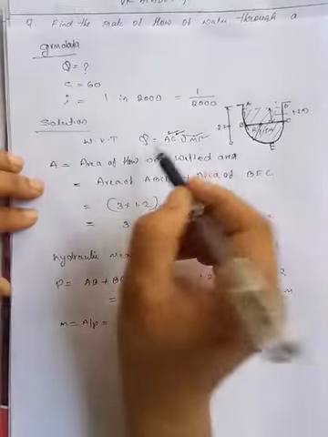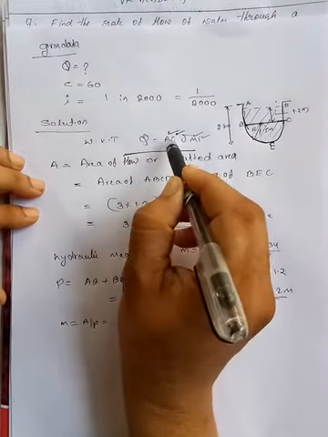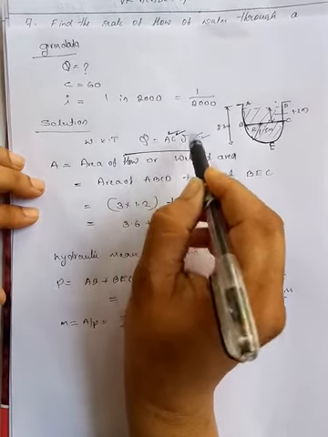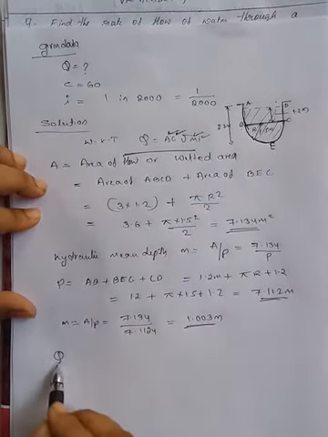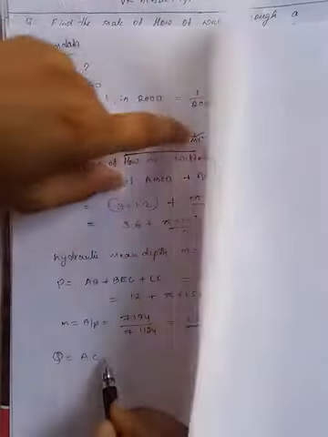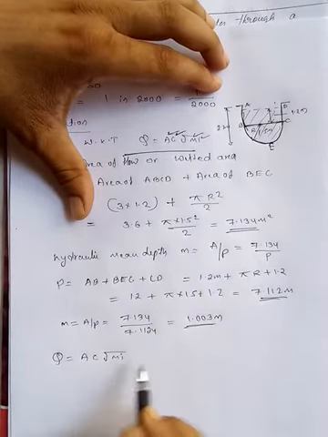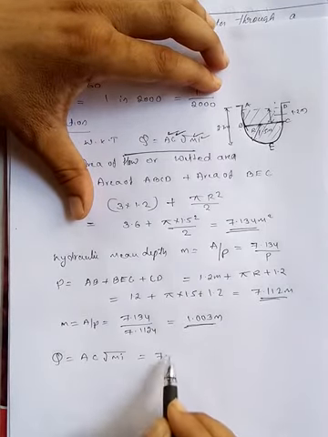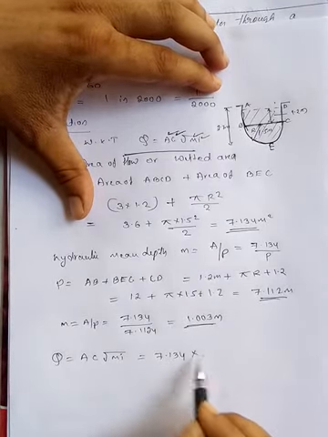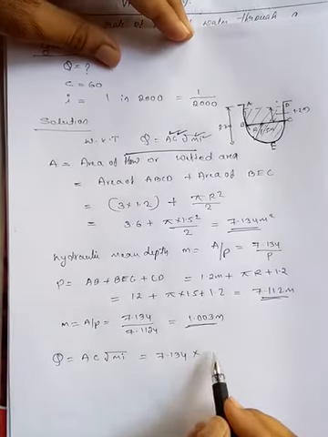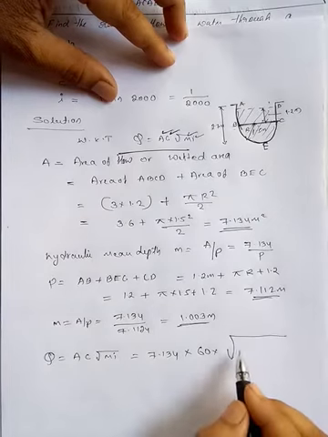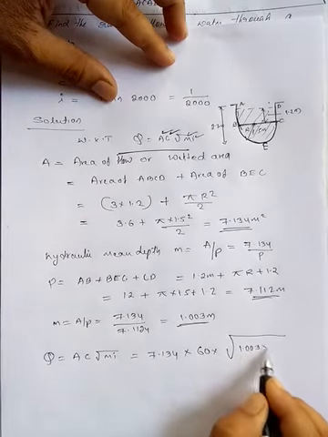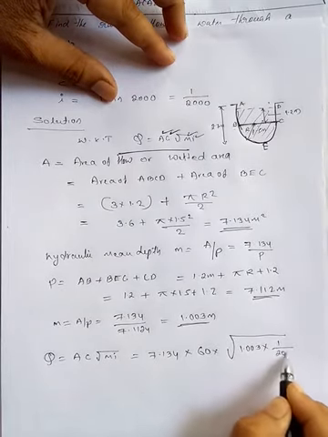Next, substitute in the equation. Now you got the area, the Chezy constant, m, and i. Substitute in the equation Q is equal to A C into root of m i. The area is 7.134, into the Chezy constant, 60, into root of m, 1.003, into i, 1 divided by 2000.